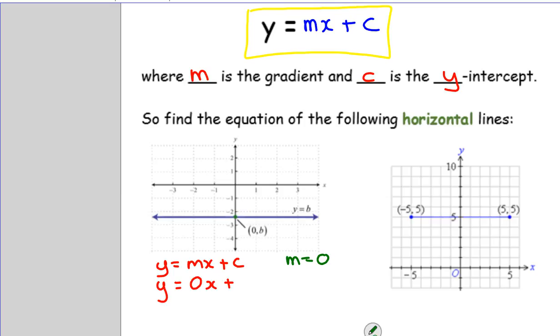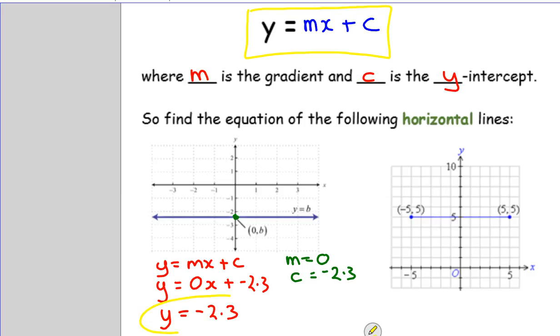C equals this point here, it looks like about negative 2.3. So plus negative 2.3, and 0x just becomes 0. So 0 take away 2.3 is just negative 2.3.